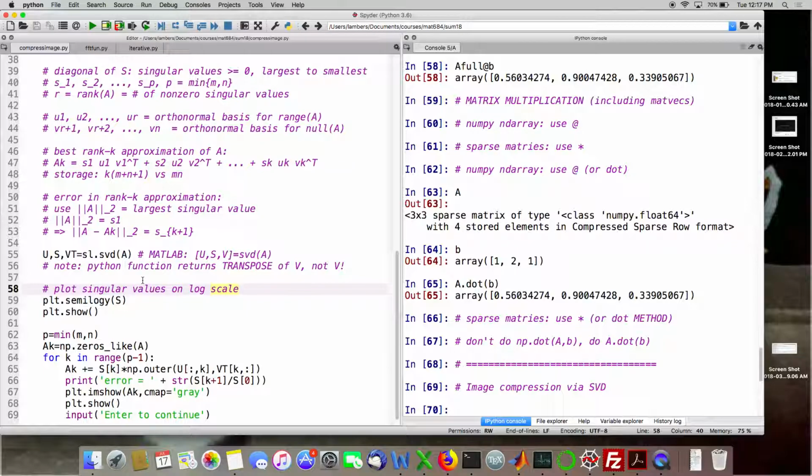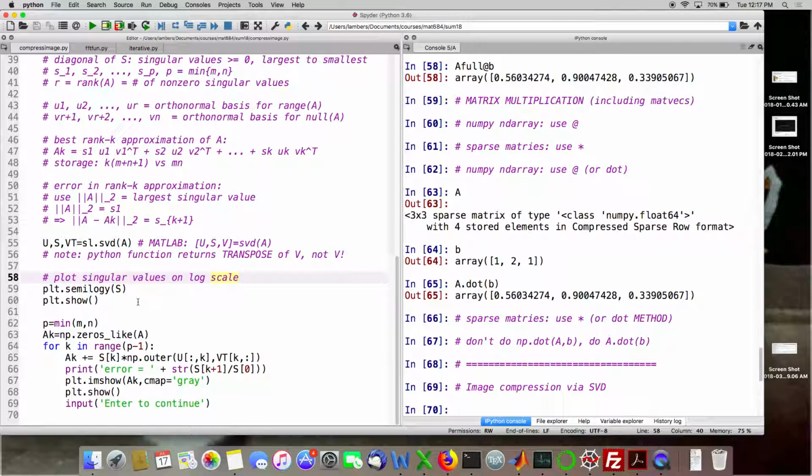Because generally the matrix is going to be full rank, but some of the singular values are very small. You can neglect those terms. A lot of times for images, just keeping a relatively low rank approximation is enough so that visually the image pretty much looks the same. Okay, so we'll go ahead and take a look at those singular values.